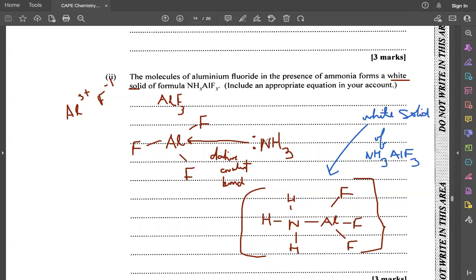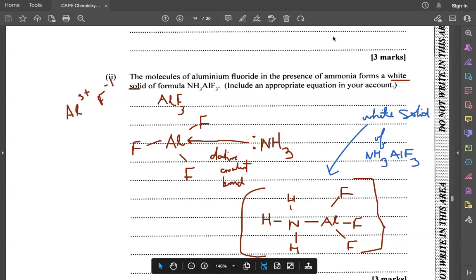And then when ammonia comes into the picture, it can donate those 2 electrons to form what we call a dative covalent bond with the aluminum. And so we end up getting this more complex structure, which is that white solid, and that has the formula NH3AlF3, okay? So this is what we would put down for 3 marks and we are good.